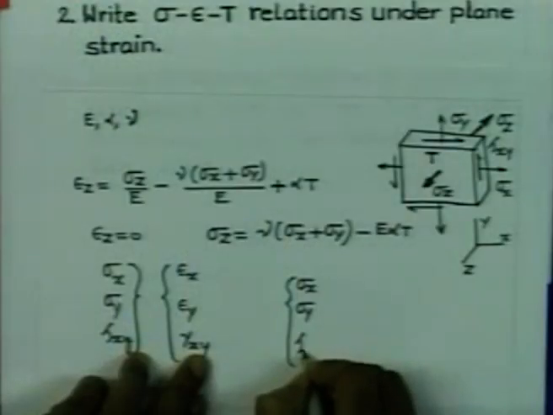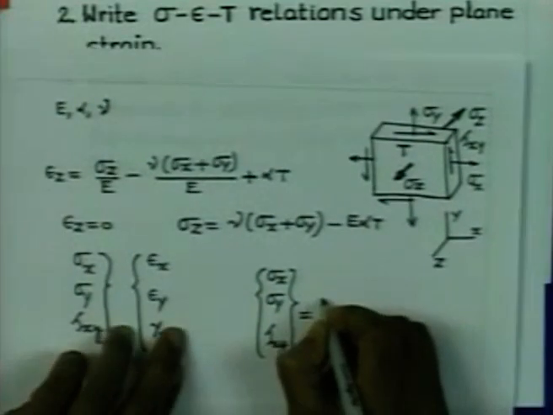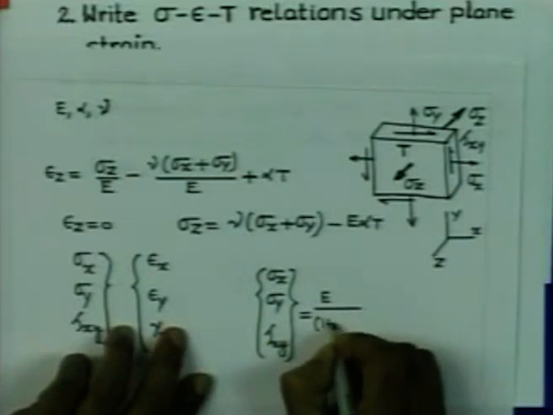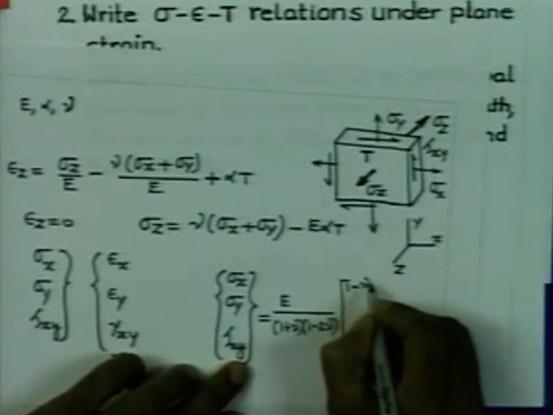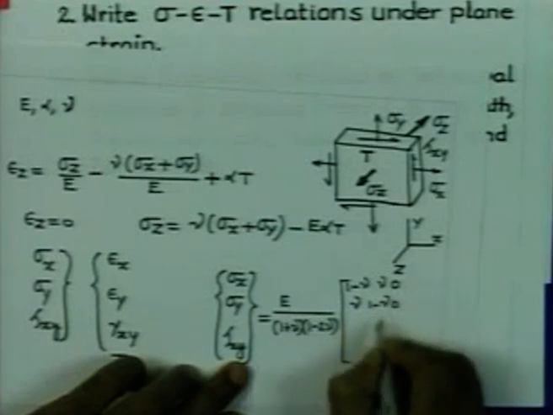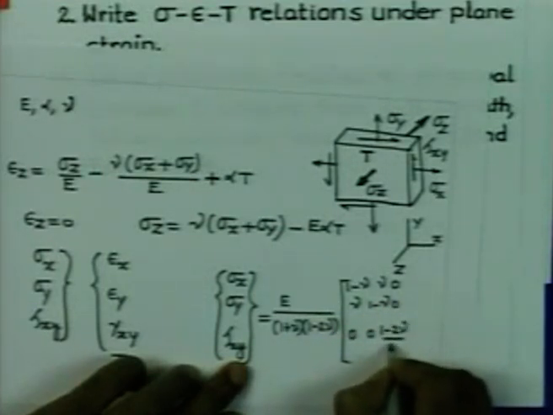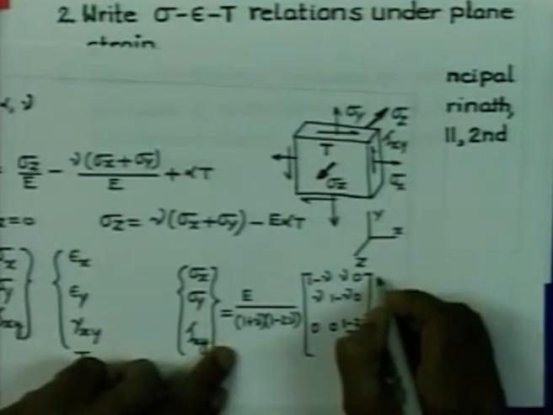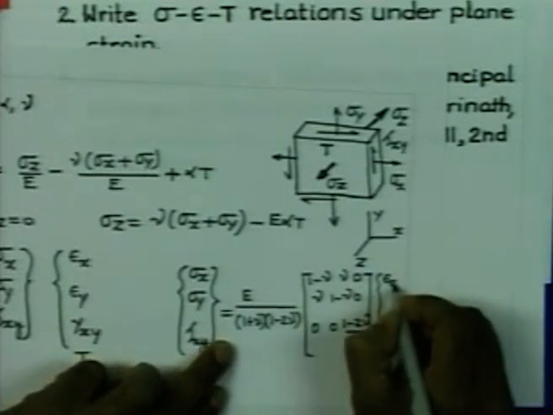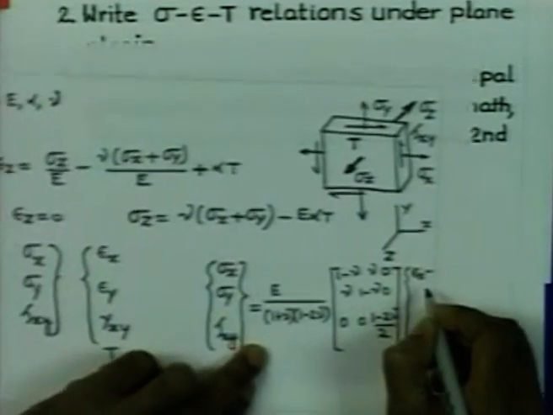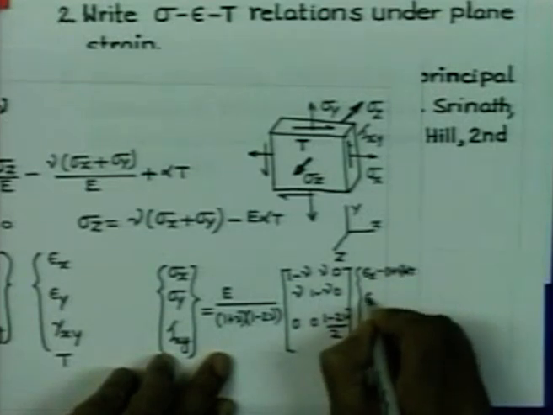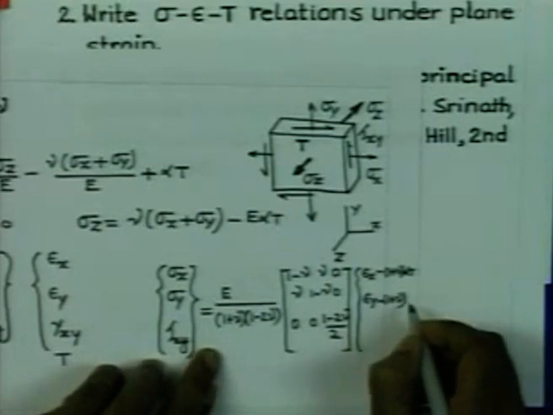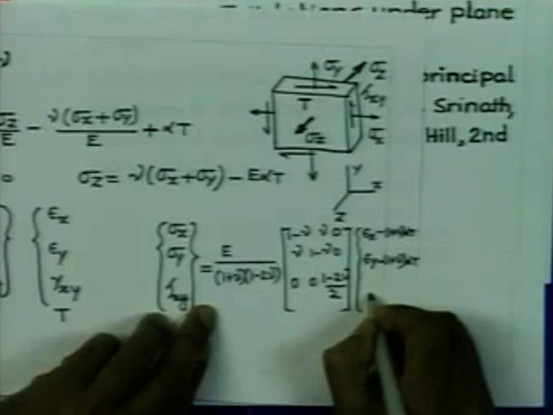Finally, it turns out that sigma x, sigma y, tau xy is equal to E by 1 plus nu into 1 minus 2 nu, into the matrix 1 minus nu, nu, 0; nu, 1 minus nu, 0; 0, 0, 1 minus 2 nu by 2, that is the material constant, and on the other side you get epsilon x minus 1 plus nu into alpha t, epsilon y minus 1 plus nu into alpha t, and gamma xy.